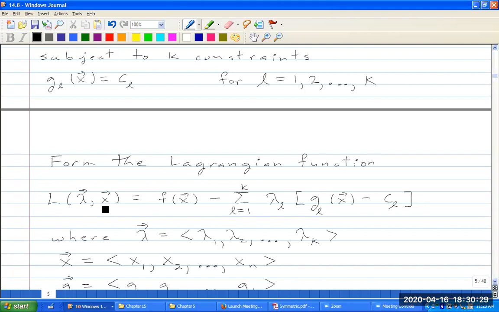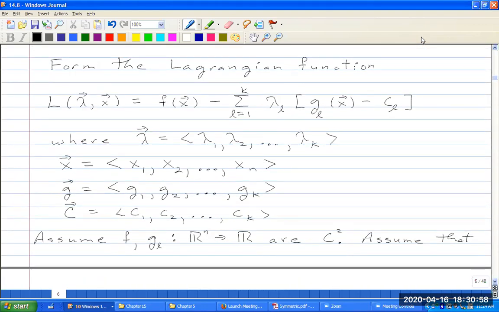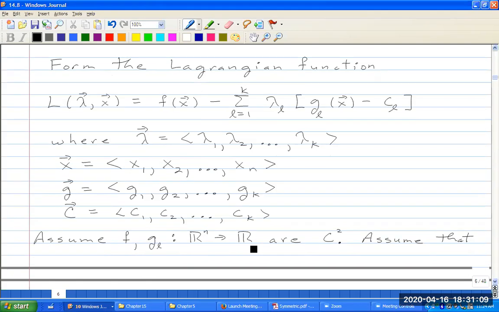And L of lambda, x is equal to f of x, our objective function, minus the sum, l equaling 1 to k, of lambda sub l times the quantity g_l at x minus c_l. So this just gives you what we said above, but now in slightly better notation, where g is g1 through gk, and c is c1 through ck.